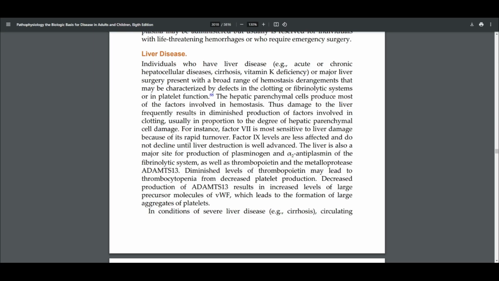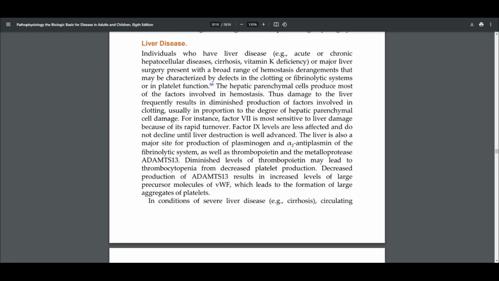Thus, damage to the liver frequently results in diminished production of factors involved in clotting, usually in proportion to the degree of hepatic parenchymal cell damage. For instance, factor VII is most sensitive to liver damage because of its rapid turnover. Factor IX levels are less affected and do not decline until liver destruction is well advanced.